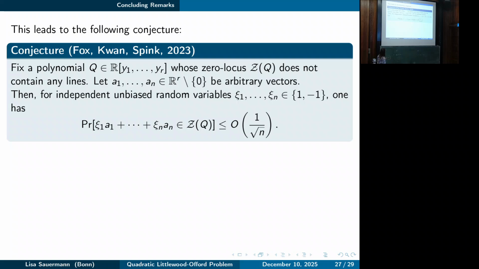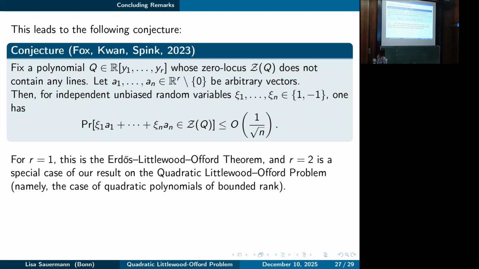And there was a conjecture about this, due to Fox, Kwan, and Spink, published in 2023 but formulated a few years prior. They conjectured that if we have a polynomial whose 0 locus does not contain any lines, and we have arbitrary non-zero vectors, then if we take these vectors with independent random plus minus 1 coefficients, the probability that this plus minus 1 linear combination lies in the 0 locus is at most a constant times 1 over square root n.